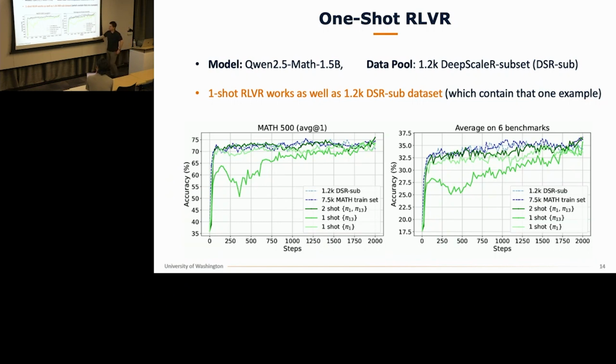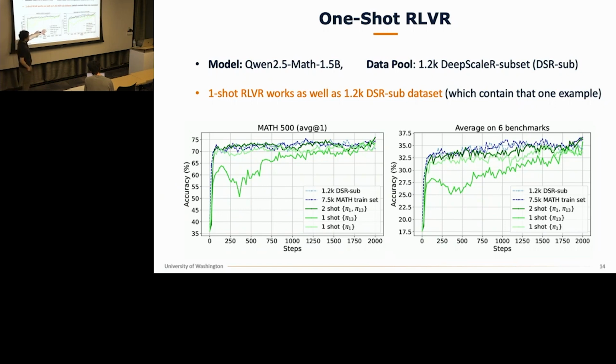So here are the results. The light blue line is using the entire 1.2K data set, and in the end you can achieve 70-ish accuracy, evaluated on this Math 500 data set.